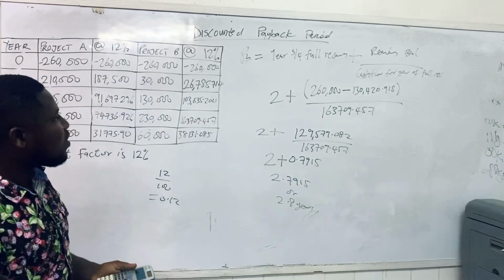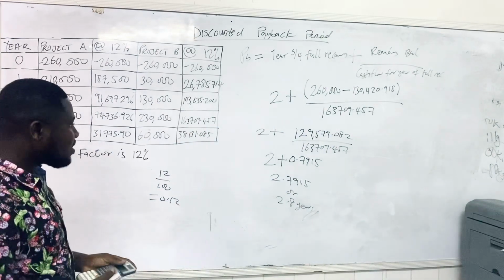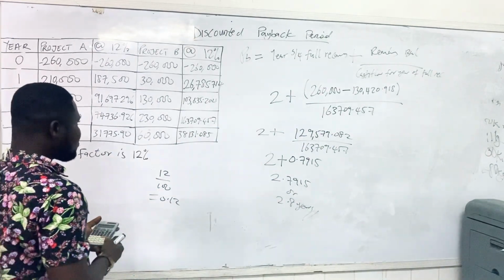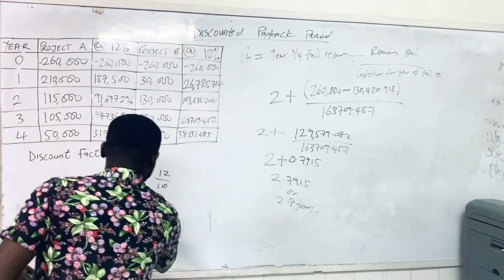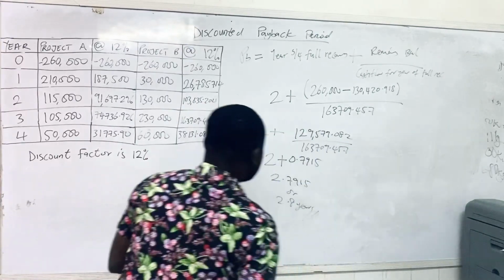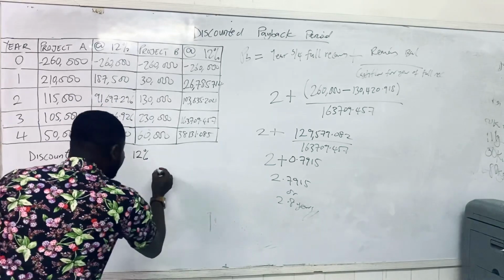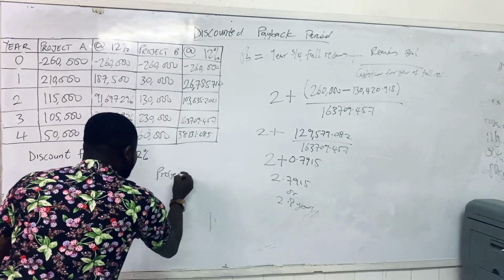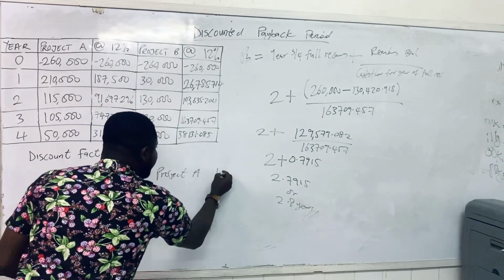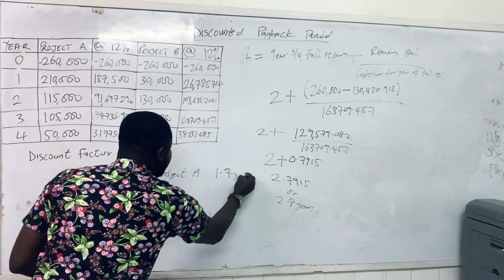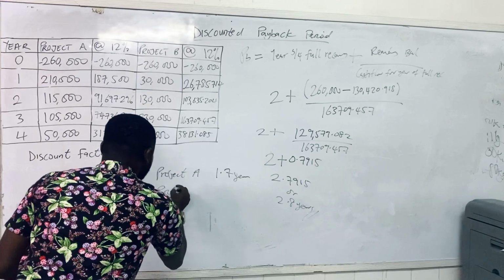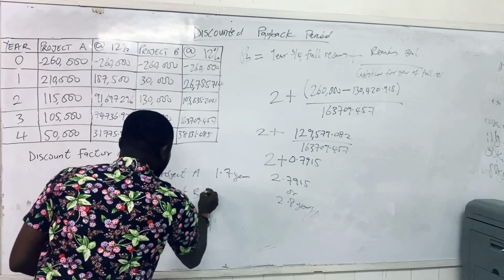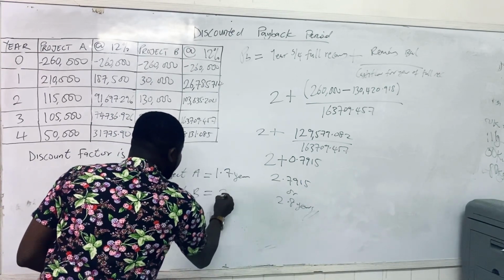Okay, so under the discounted payback period, Project A took us 1.7 years, and then Project B 2.8 years.